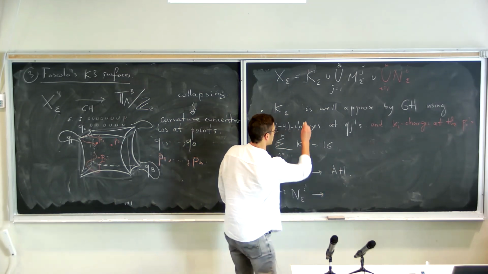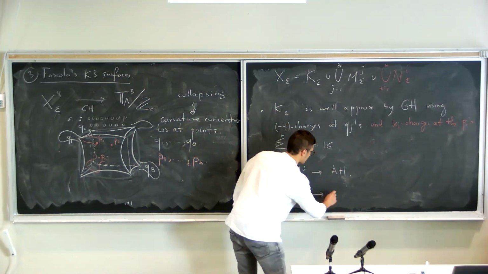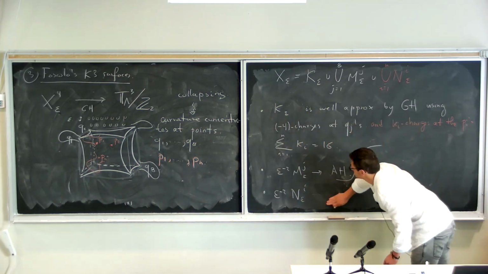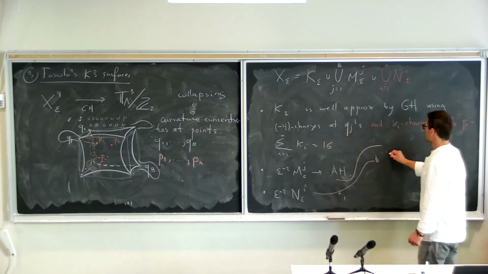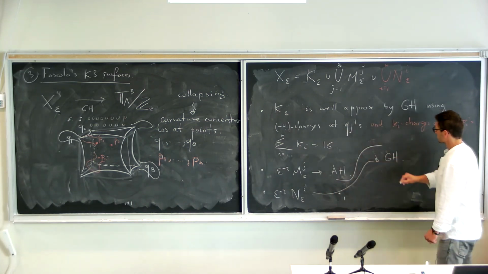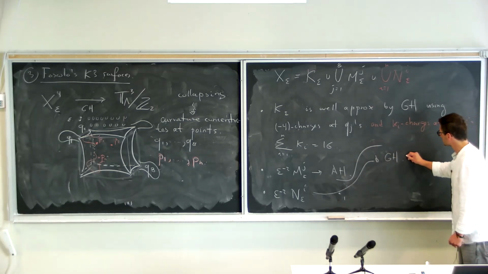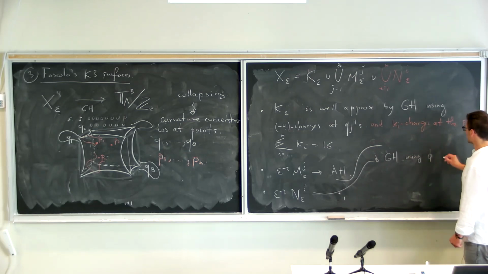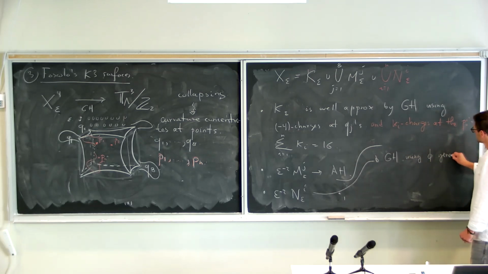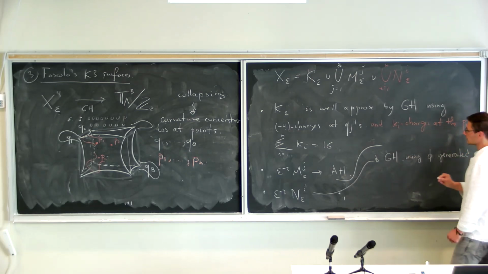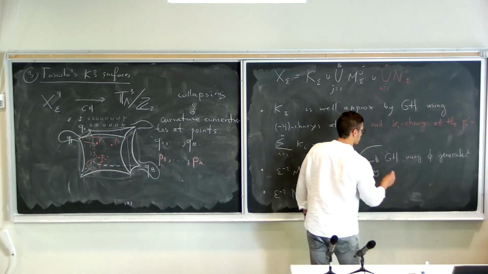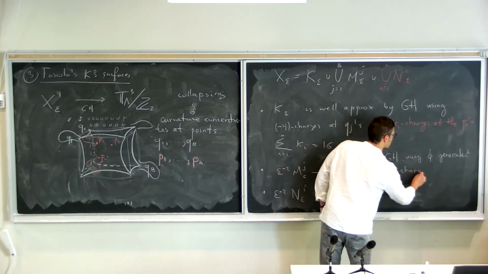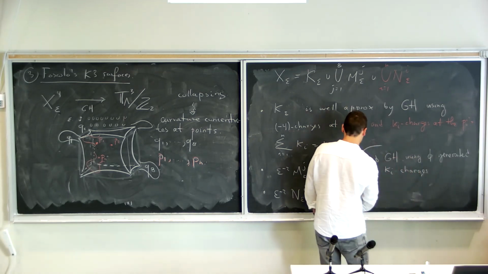This will converge to a construction given by the Gibbons-Hawking ansatz. So I'll say here, this guy converges to a metric constructed using the Gibbons-Hawking ansatz, using phi, the electric potential generated by KI unit charges at some points that you pick.